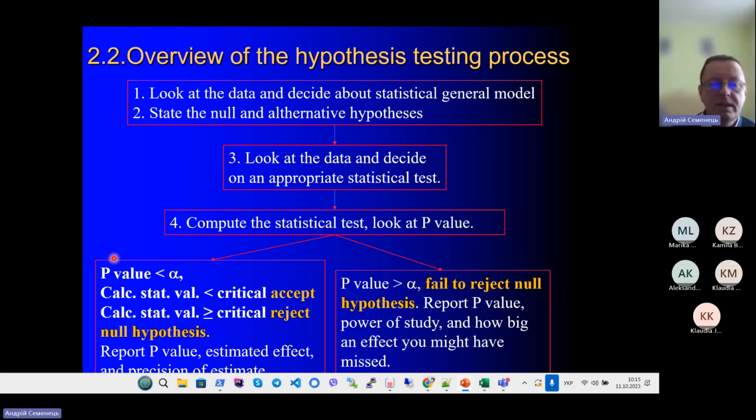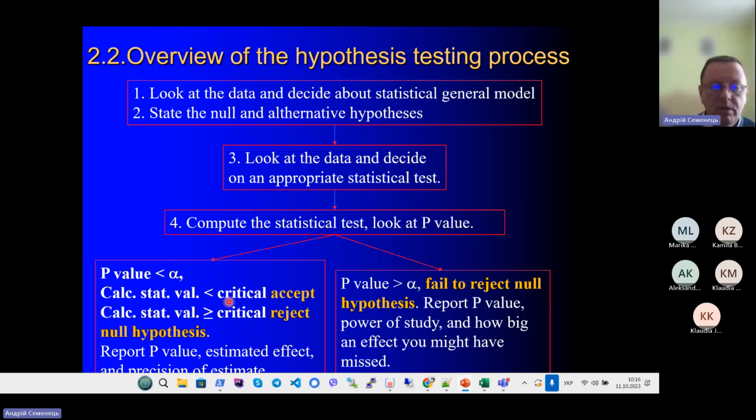And here we check our significance level, which is usually at most 5% in scientific research, and in modern research even less, like 1% or less than 1%. So it's like a margin for error.